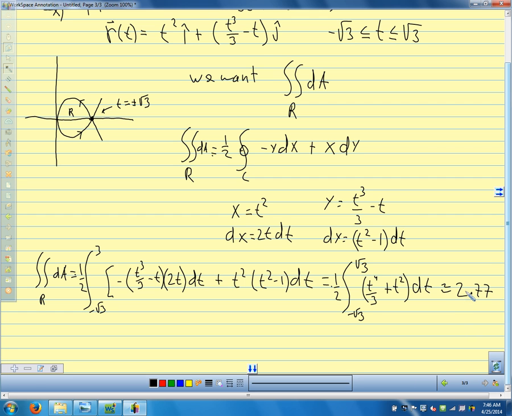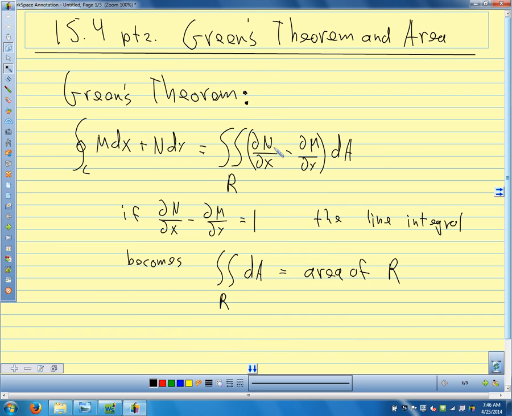So did you just pick negative y dx plus x dy so it works out? Yeah, we can always pick. Green's theorem tells us that if the partial of n with respect to x minus the partial of m with respect to y equals 1, then this double integral reduces to the double integral of dA.